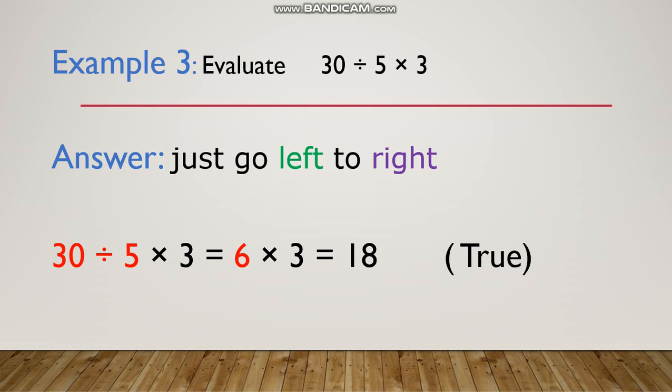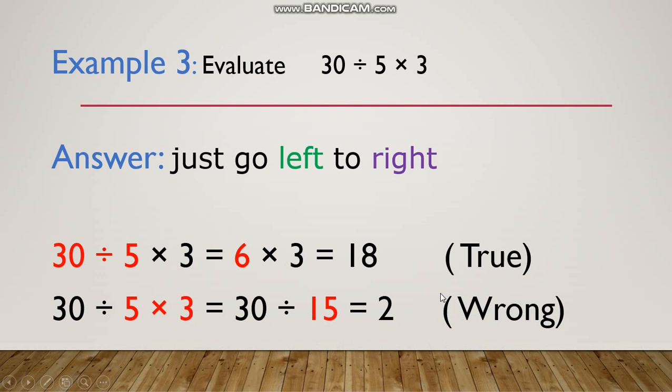So 30 divided by 5 gives 6. After that, 6 times 3 gives 18. This is true. The wrong answer: if you multiply first 5 times 3 to get 15, and after that divide 30 by 15 to get 2. This is a wrong answer.